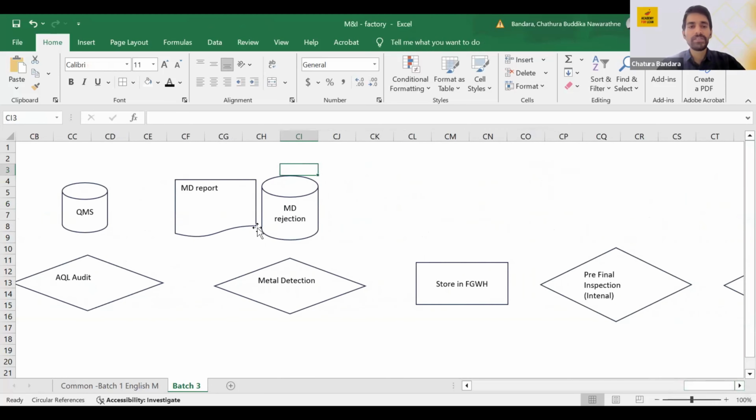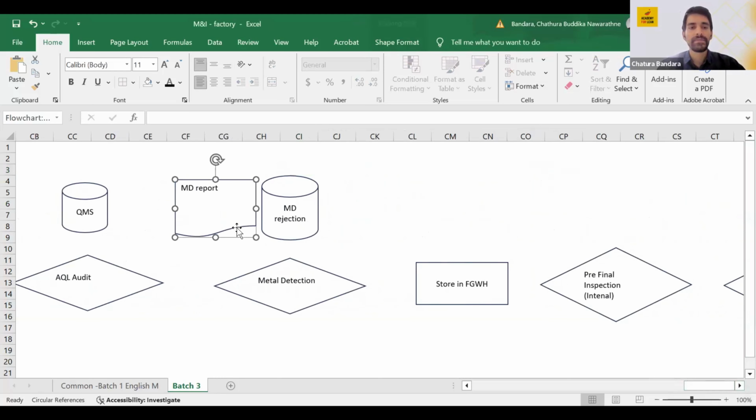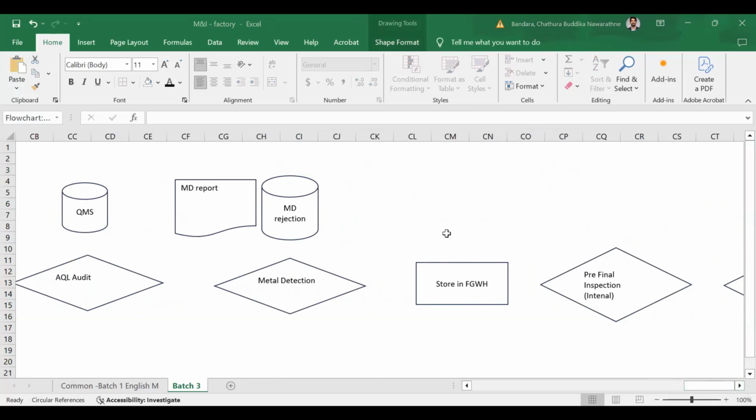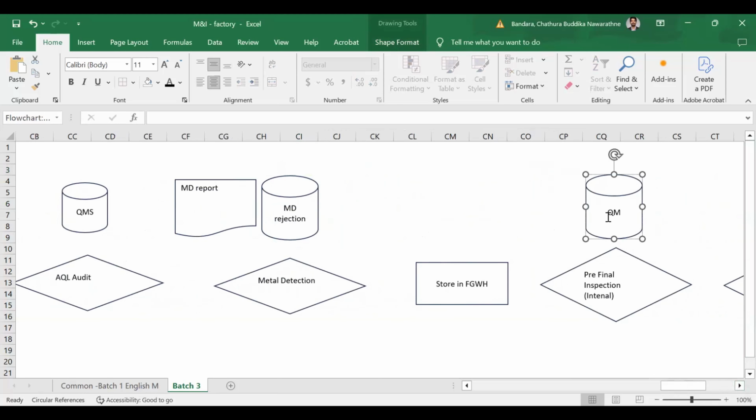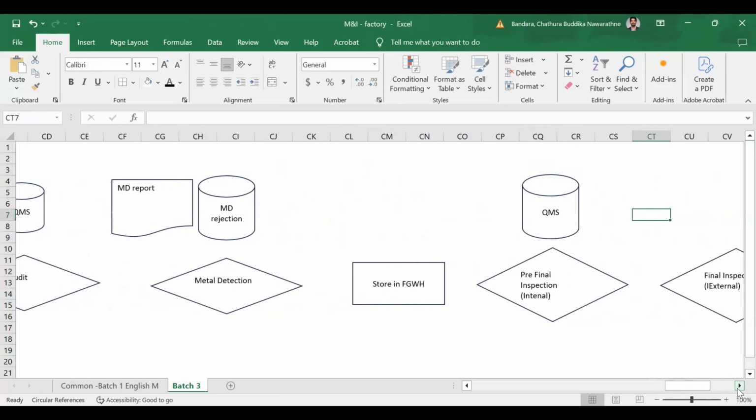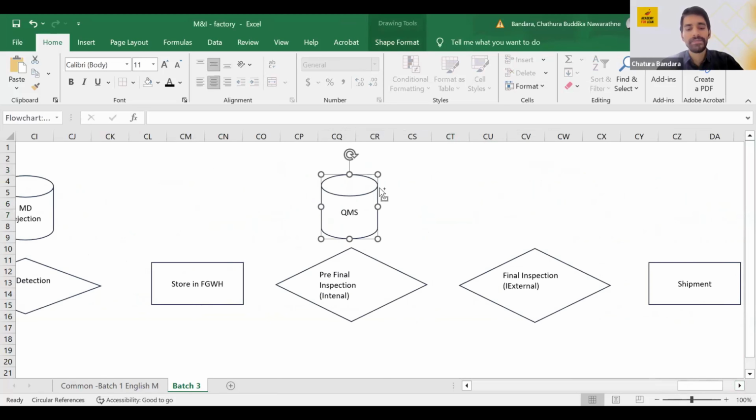And then pre-final inspection, is it report or system? We are using two systems, Inspectorio and Pivot 88. System? Yes. Okay, QMS. Final again, QMS.